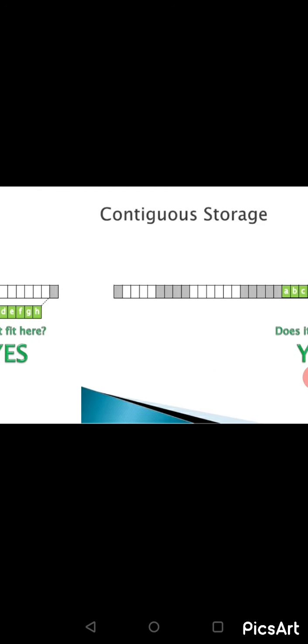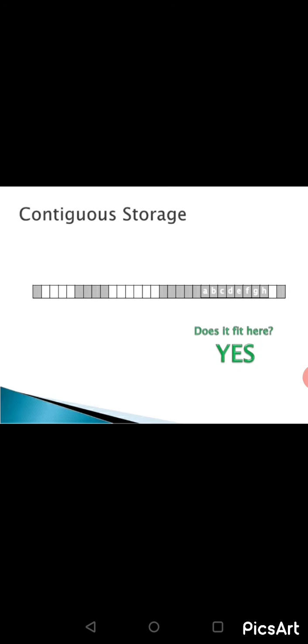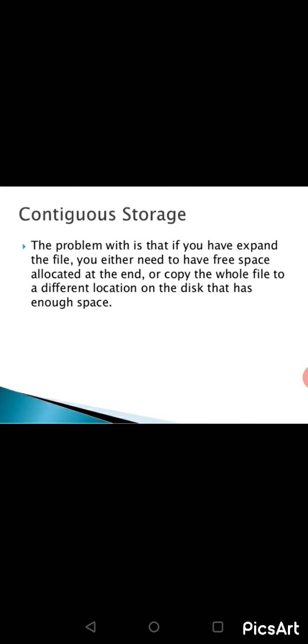See here. Okay, so all blocks are allocated. After that your blocks are filled. So in contiguous storage, what is the disadvantage? The problem is that if you expand the file, you will either need to have free space allocated at the end or copy the whole file to a different location on the disk that has enough space.